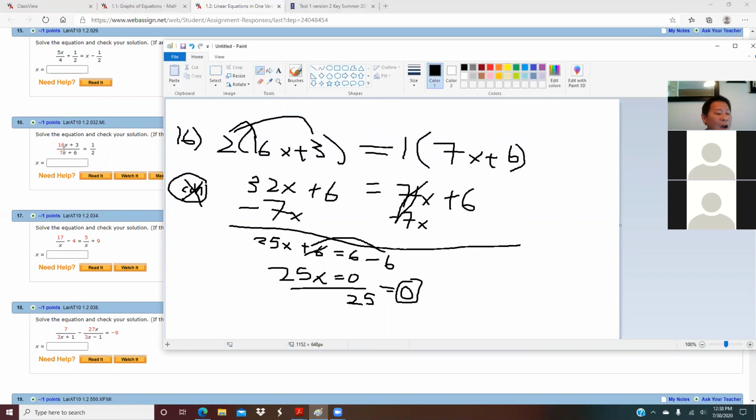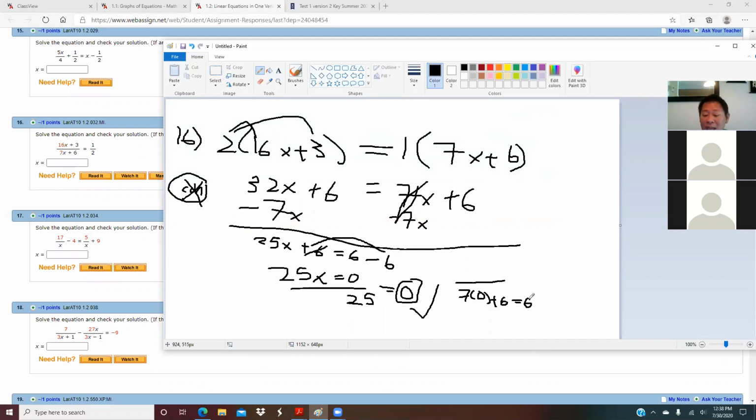Does that make the denominator 0 when you put 0 in there? 7 times 0 plus 6, what do you get? 7 times 0 plus 6 is actually 6, right? Not 0. So that means this answer is good. Okay, this answer is good. So that means it's not an extraneous solution.